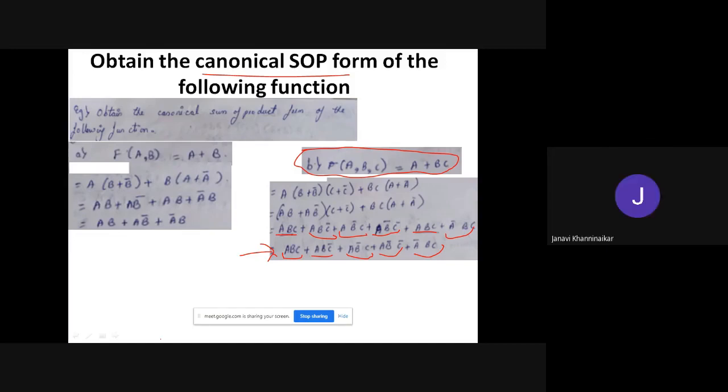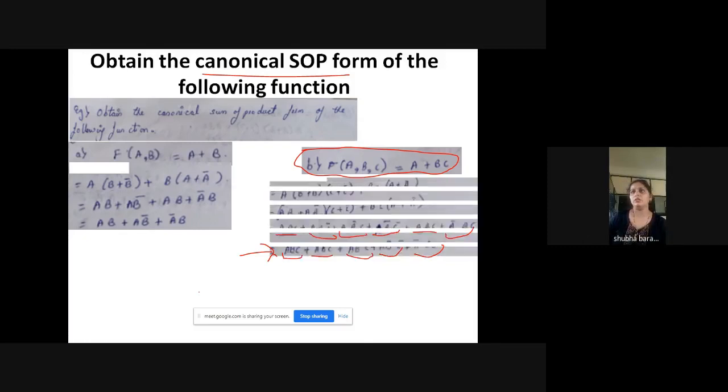Yes, ma'am. Ritvik. Okay, right. Ritvik, you have done the numerical? Yes, ma'am. You could verify your answer. You could tally your answer. Yes, ma'am. Okay, right.